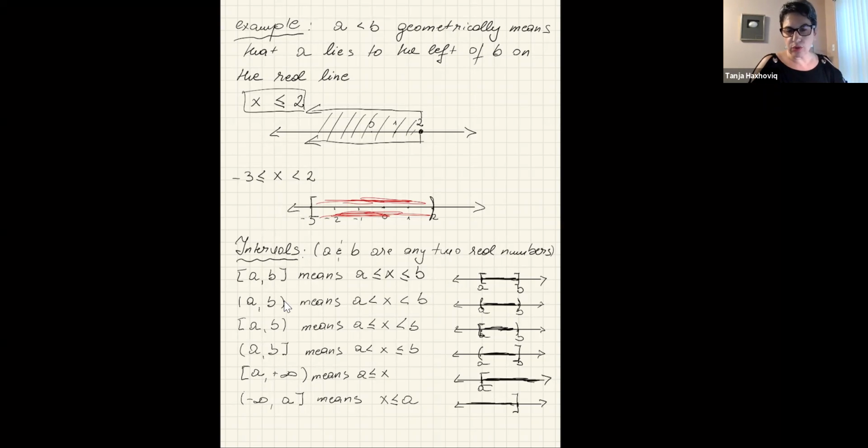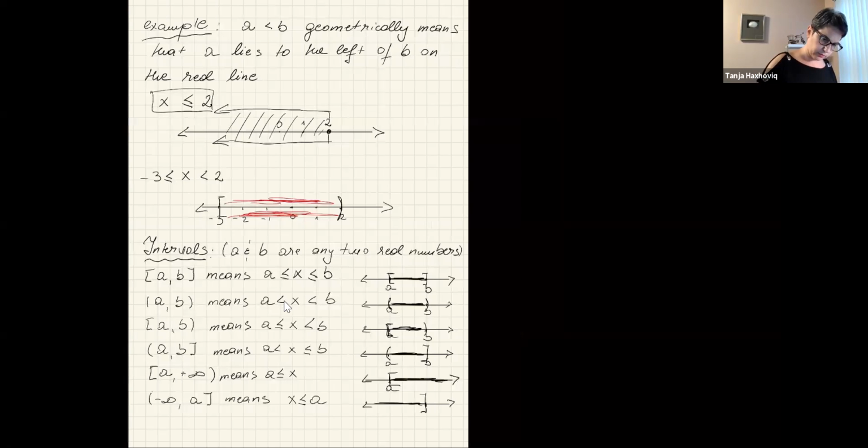Similarly, we can talk about open interval (A, plus infinity) or open interval (minus infinity, A). So (A, positive infinity) means all x that are strictly greater than A in the real line. A is not included.